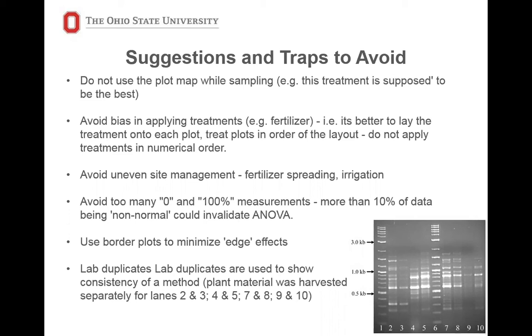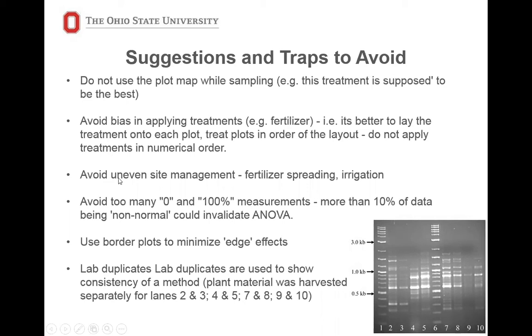It might be tempting, if we have one fertilizer treatment, to go around and distribute all of fertilizer A first, come back, and do all of fertilizer B. But we run the risk of bias in that those treatments are not being applied in random order, they're being applied in the treatment order. If it started raining halfway through the experiment, we'd end up having to spread all of one treatment after the rain rather than before the rain, which may introduce bias.